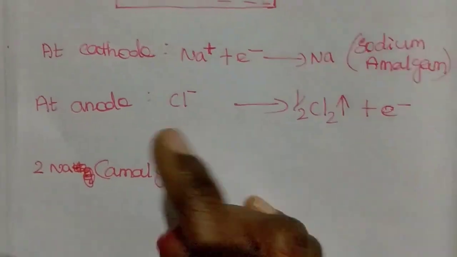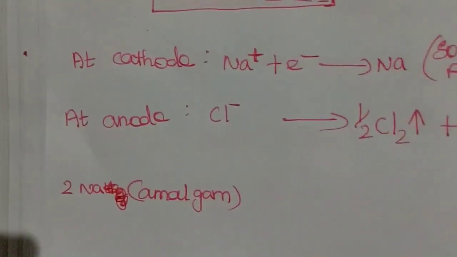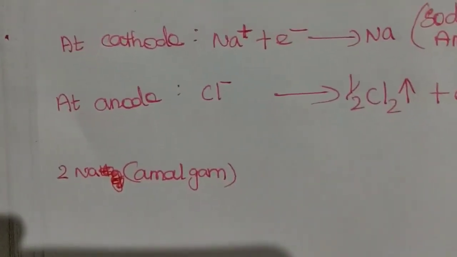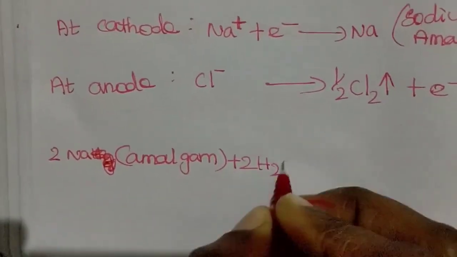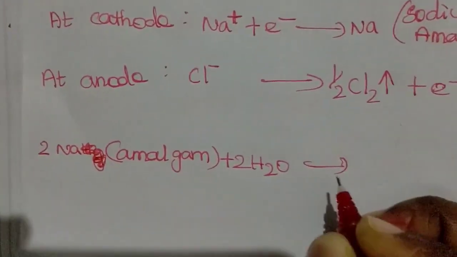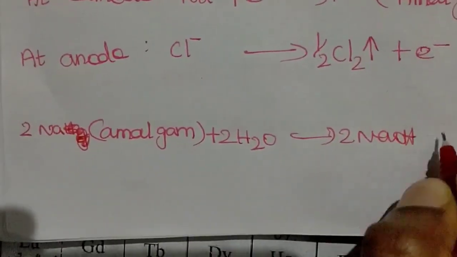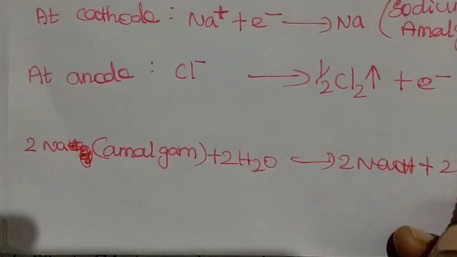We are not going to use this amalgam in this reaction; we are only separating out the sodium by treating it with water. So 2Na(Hg) plus 2H2O gives 2NaOH plus 2Hg.